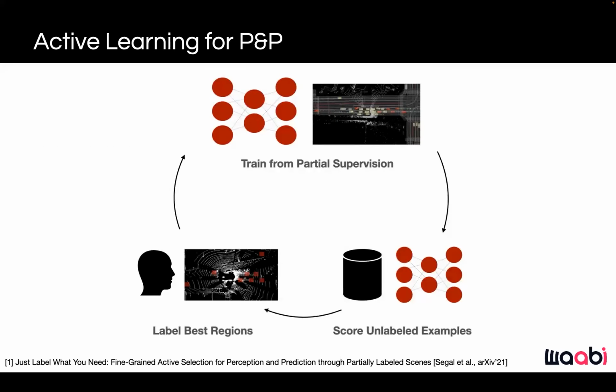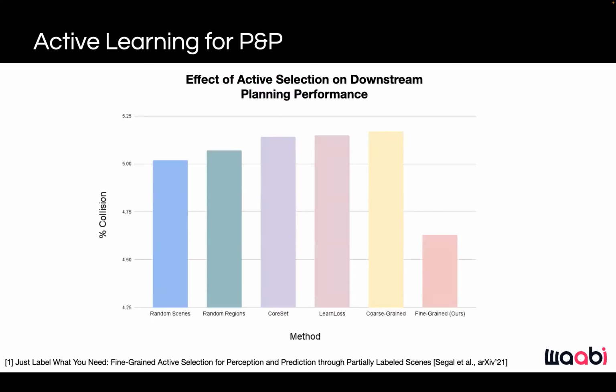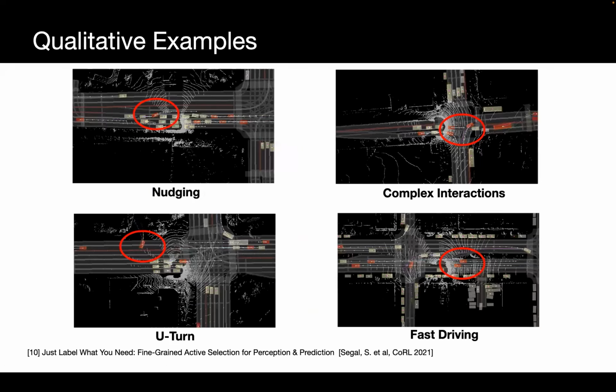Cool. But you can still do that, and it turns out that you can label things much more cheaply. What we're showing here is this type of active learning approach, selecting really fine regions, where for the same cost you can have much better performance on different downstream tasks: perception, prediction, and even motion planning.